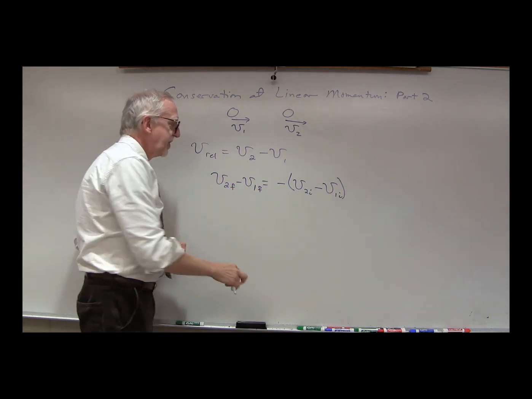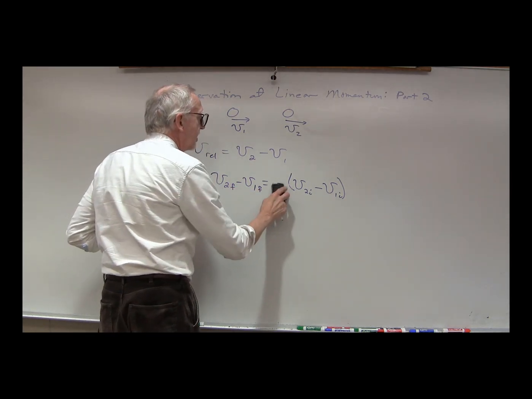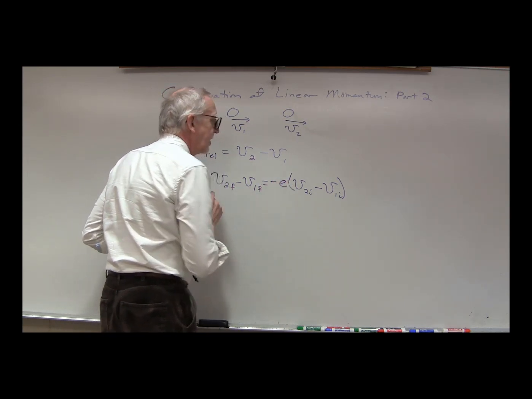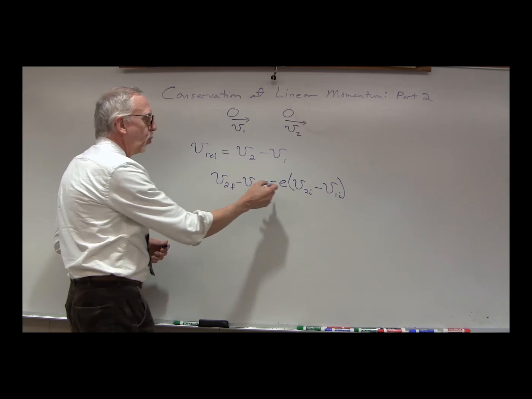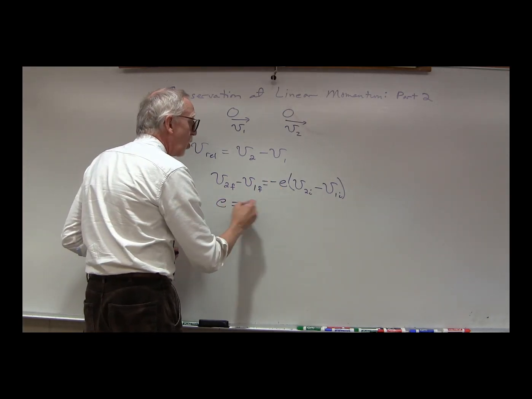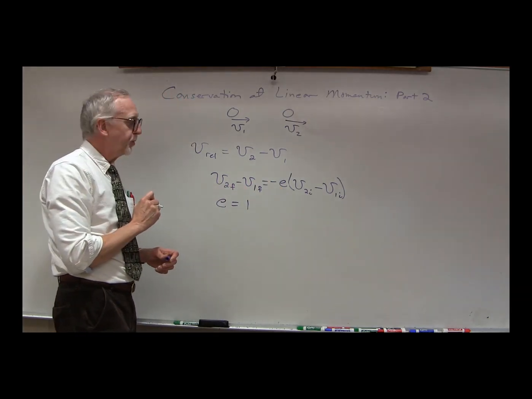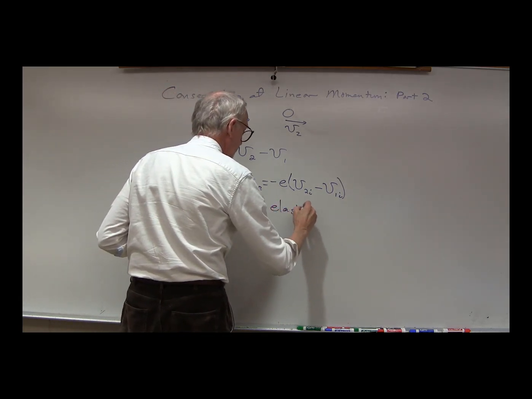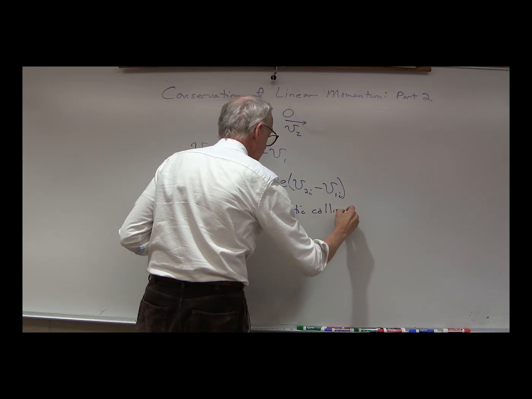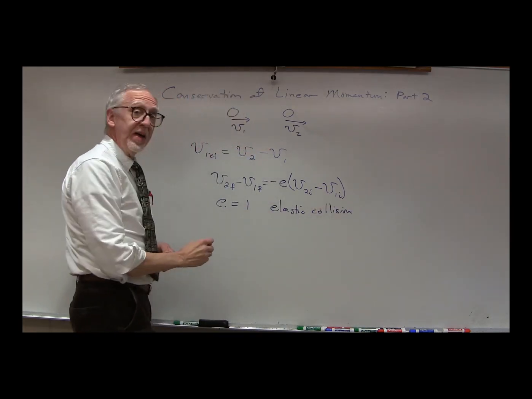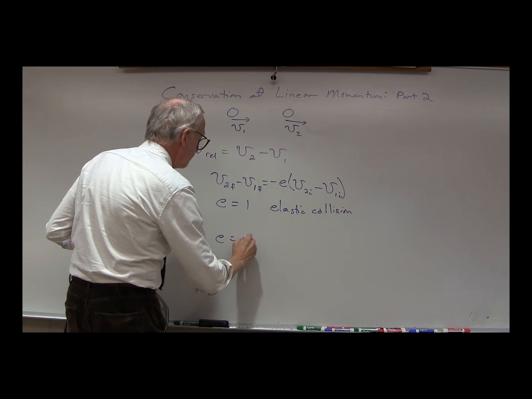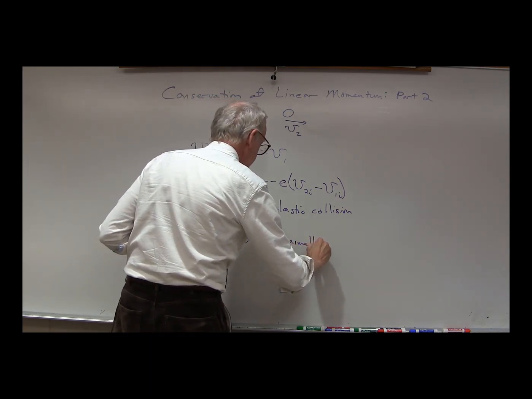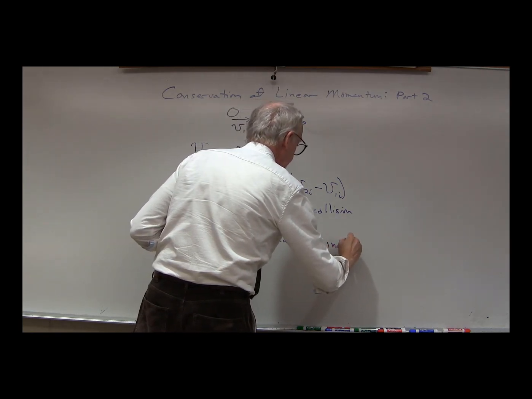What we can do is define this relationship between them by putting in a parameter called E. When E is equal to 1, we have an elastic collision. When E is equal to 0, we have a maximally inelastic collision.